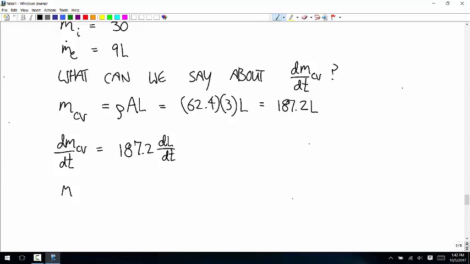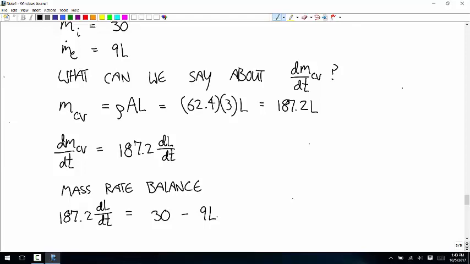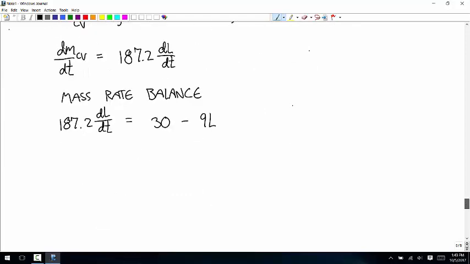And so the mass rate balance says 187.2 dL dt is equal to 30 minus 9L. And to get it in the form that you normally would see a differential equation in, we'll divide everything by 187.2.